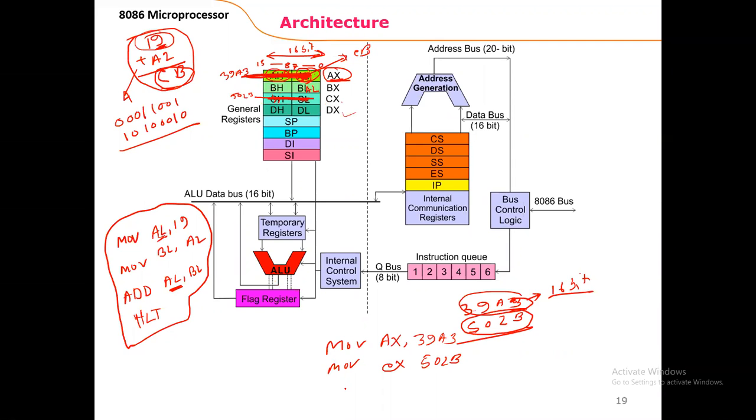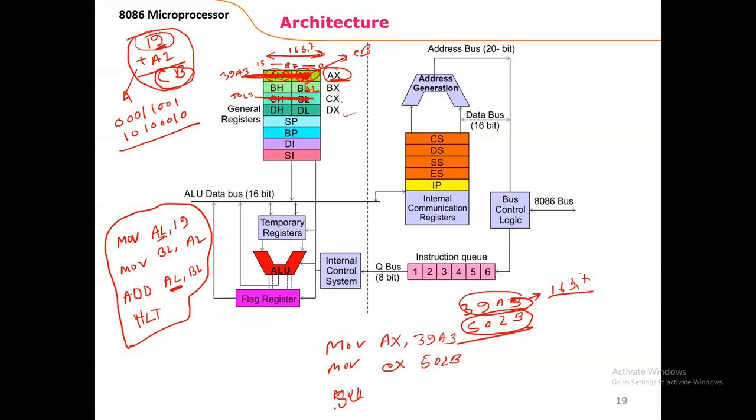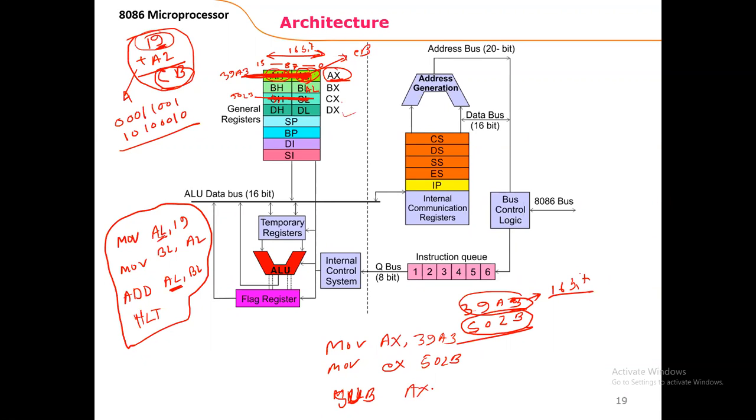Multiplication means MUL, M-U-L, multiply. Or suppose you use subtraction, difference. Then your code is SUB. So SUB AX, CX.